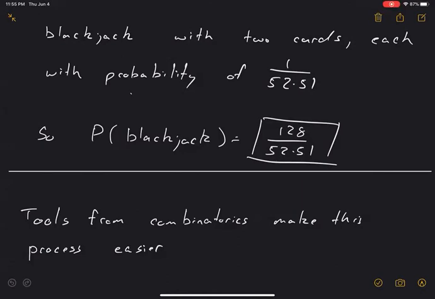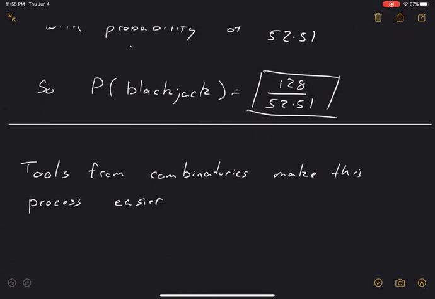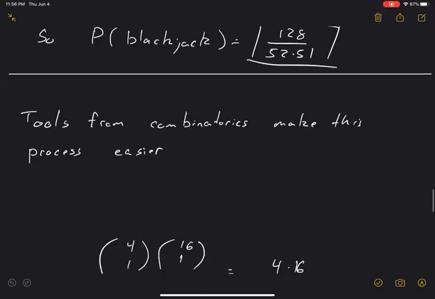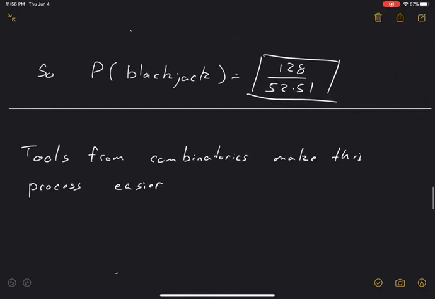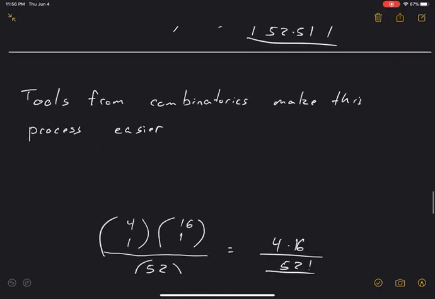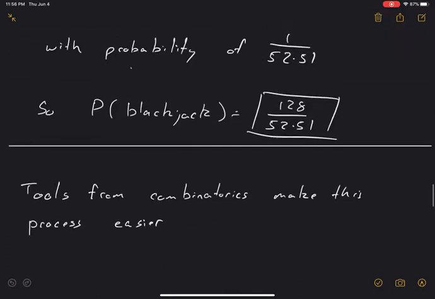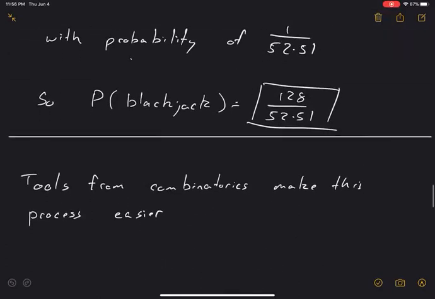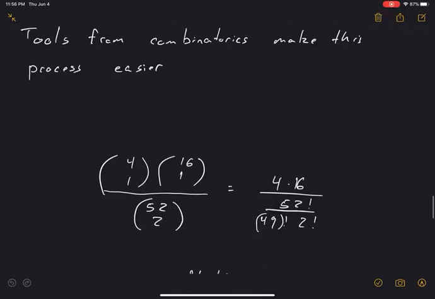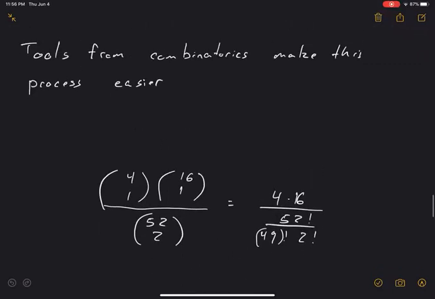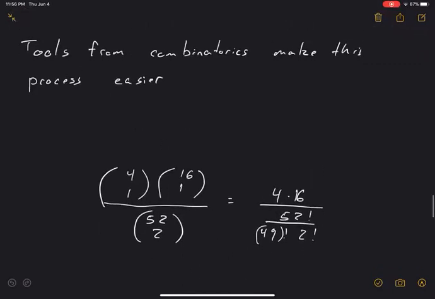There are a lot of tools like this from combinatorics, but they're all achieving the same idea of computing the cardinality of these sets. So let's look at this nice tool from the binomial theorem to compute this same probability in a much more efficient manner.